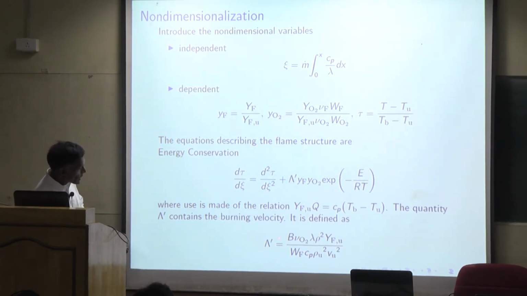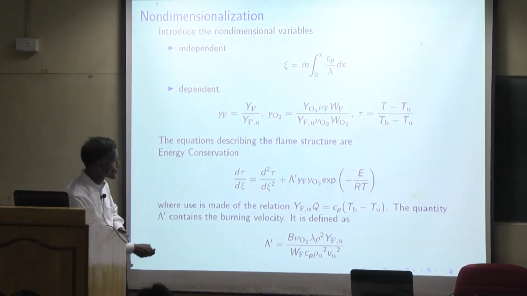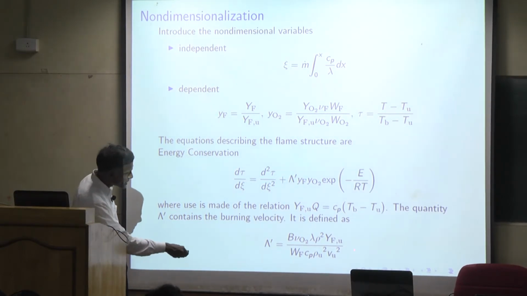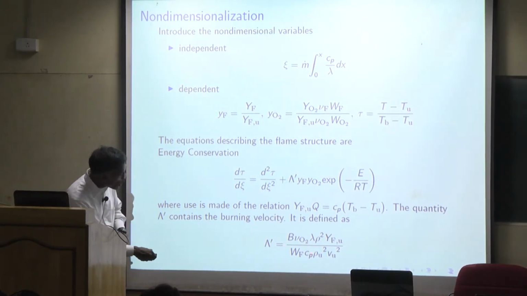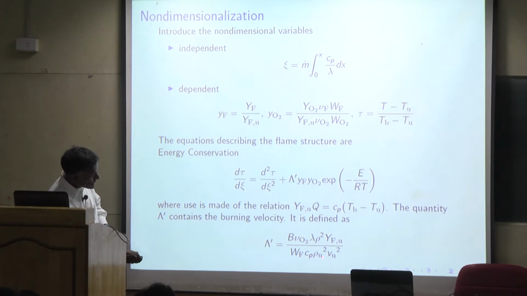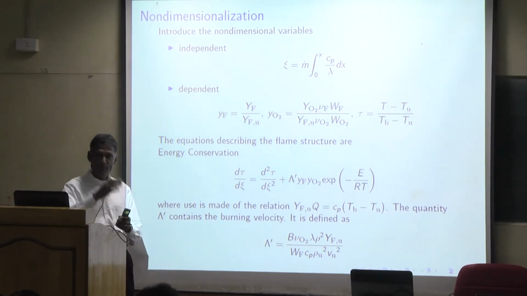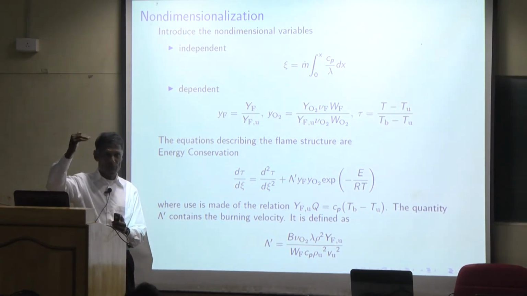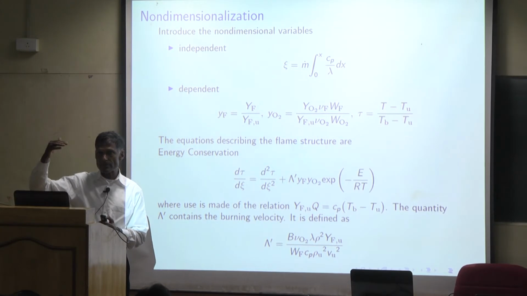And here, this quantity lambda is the Damkohler number. The flow time of this Damkohler number is given by the burning velocity. That's the flow time, okay? And the chemical time is given by B, so actually B minus 1 is the chemical time. The velocity appears in the denominator, so actually TF goes in the numerator.